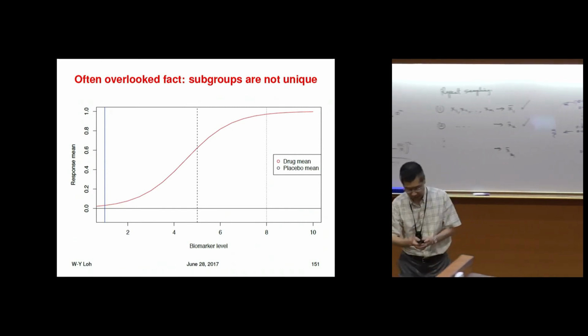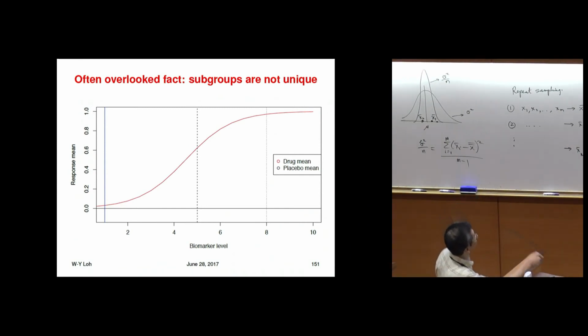In this example, I have a biomarker, goes from 0 to 10. And this is the mean, right? So here is the mean for placebo. So placebo doesn't do anything. But the drug has an interaction with the biomarker level. So the higher the biomarker, the better the drug mean, right?